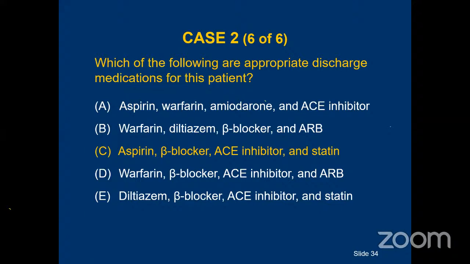There is no evidence that warfarin is going to be beneficial, because AFib usually resolves spontaneously within 24 hours. So aspirin is an appropriate choice in order to lower the risk of bleeding complications. And of course, we have to give beta blockers because they help with mortality.